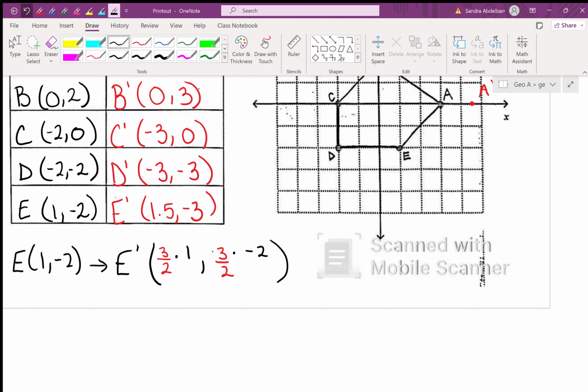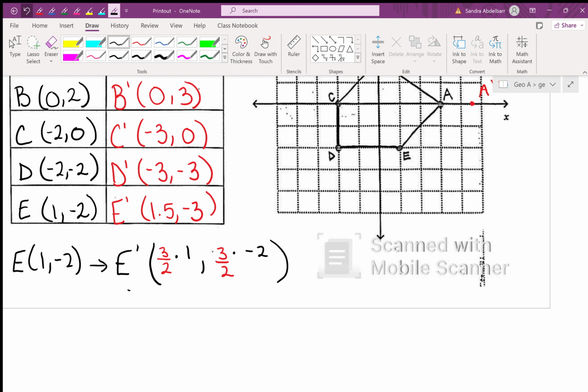Okay, so now when you multiply 1 times anything, don't you just get what you multiplied it by?